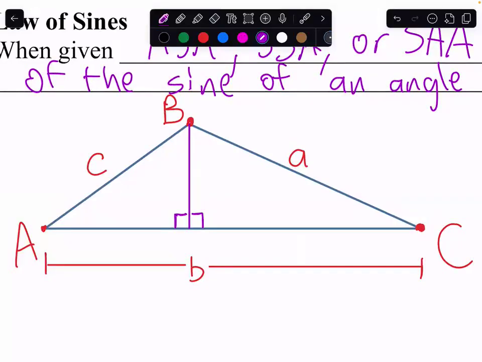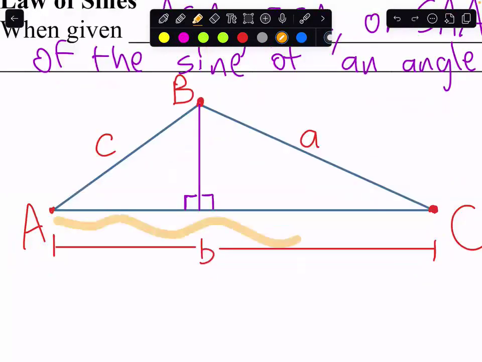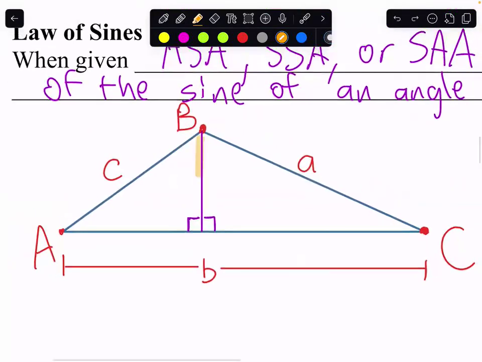Okay, so we now have two different right triangles. Because we split the bottom length b, just remember that this is not b and this is not b. But we also need a name for that line we drew in, so let's call it lowercase h for the height.